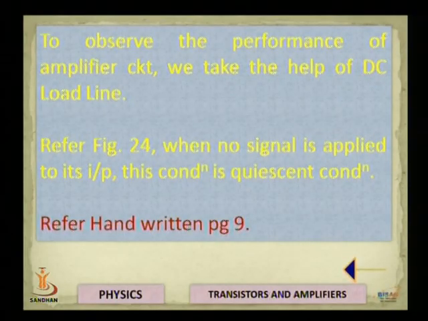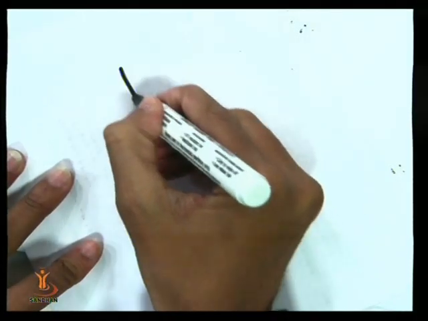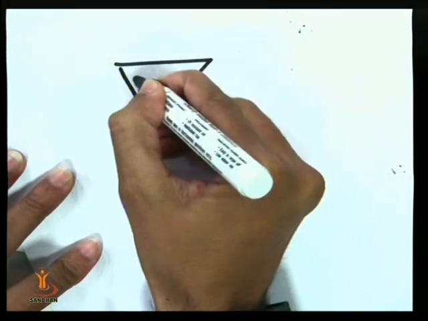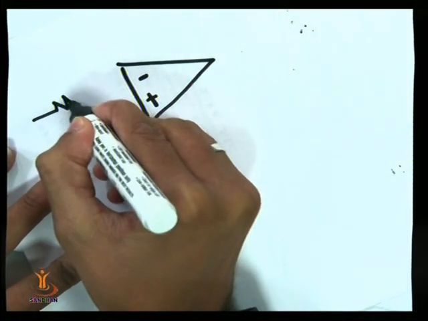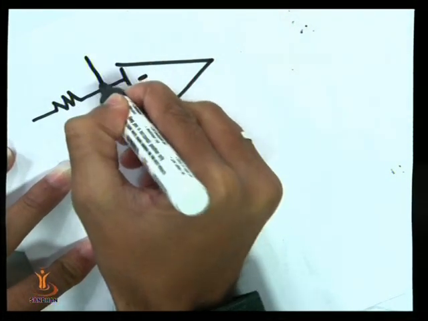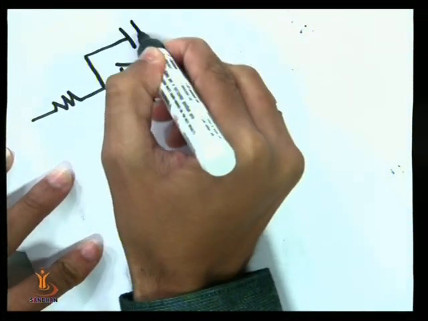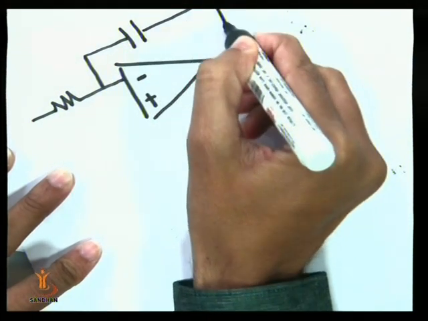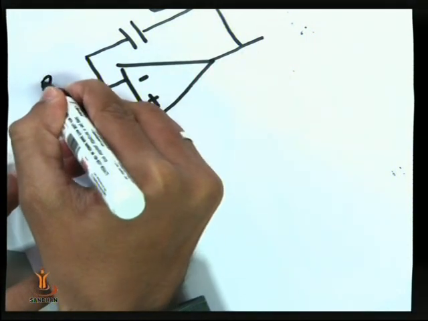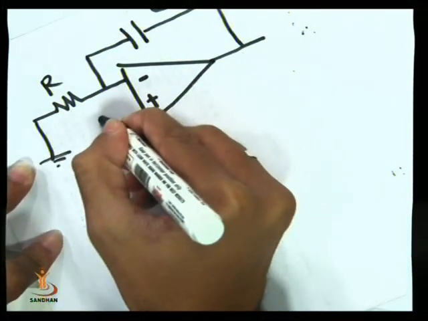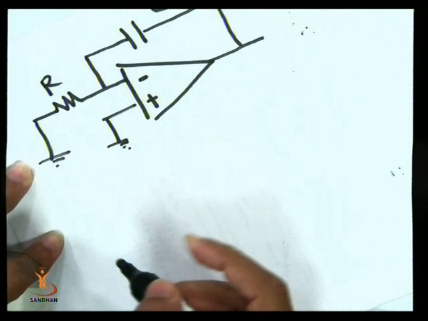Let me quickly show you how the op-amp can be used as an integrator. Just replace your feedback component, the RF, by a capacitor. We can design the op-amp in integrating mode. So this is a capacitor, this is R, and this is all about the integrating op-amp.